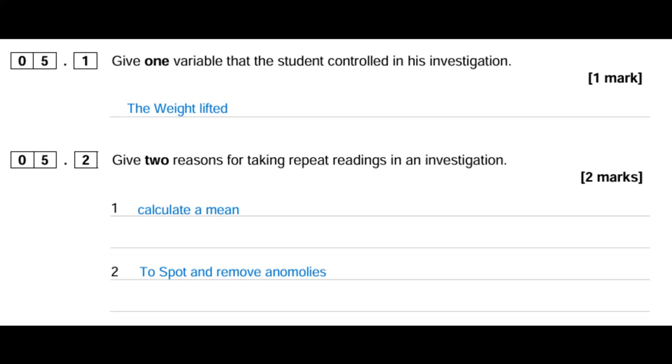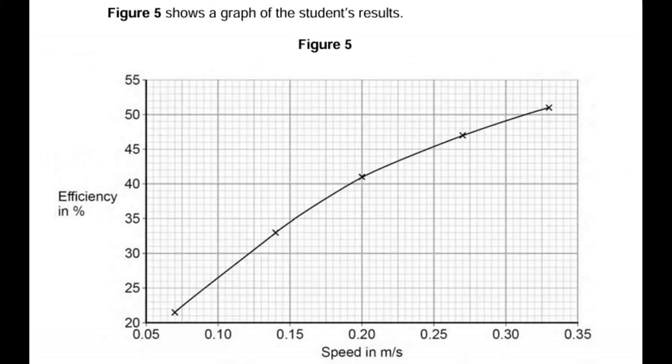And because in this experiment the student is consistently lifting a weight of 2.5 newtons, one of the control variables is the weight lifted. And two reasons for taking repeat readings is to calculate a mean and to spot and remove anomalies, with this being standard in investigations, and you are expected to know this for the GCSE sciences.